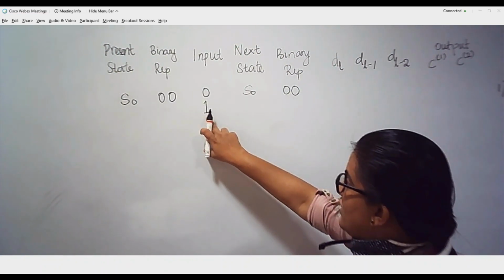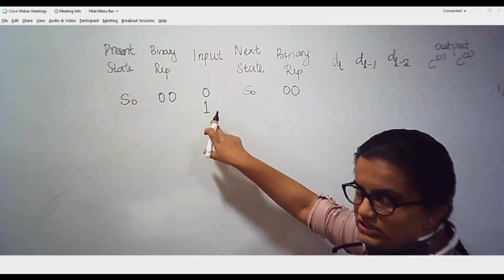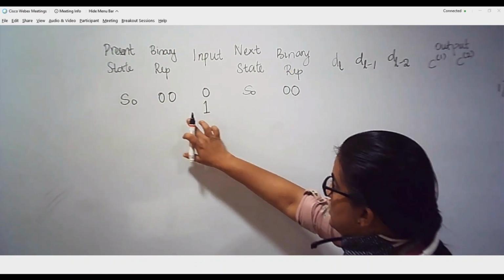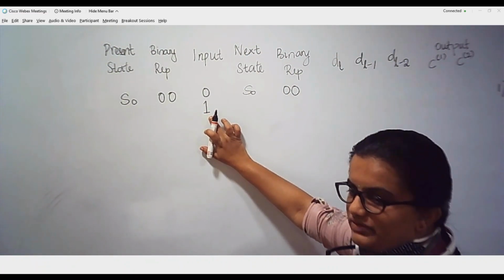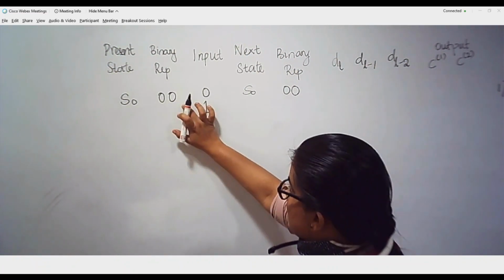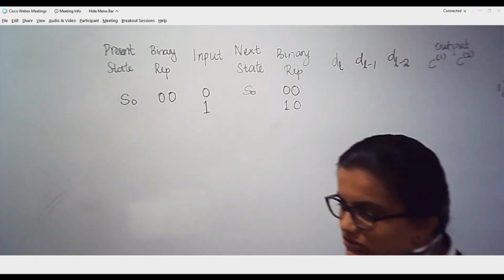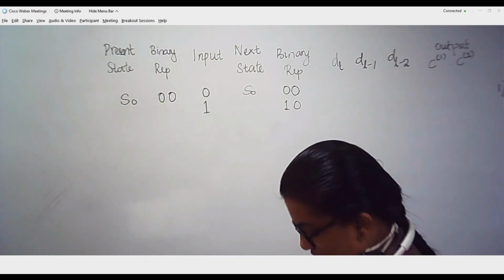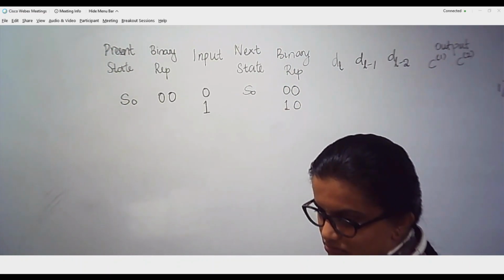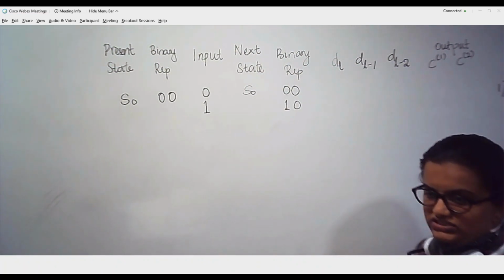Assume that the next input bit is 1. Currently it is in the 0, 0 state, and you are giving an input of 1. So this gets flushed out, and your flip-flop will have the content 1, 0. So this 1, 0 corresponds to which state?